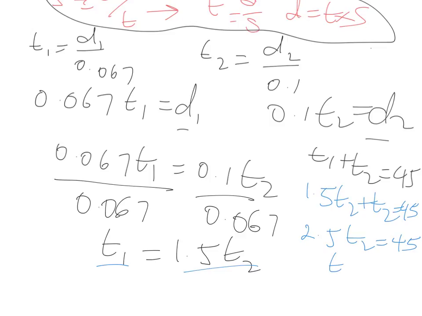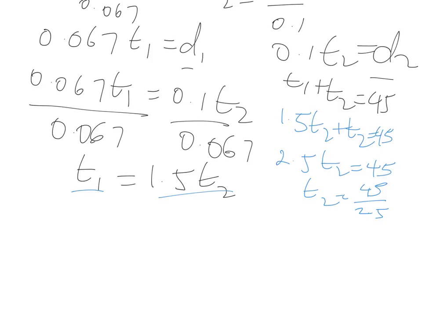So T2 equals 45 over 2.5, which means T2 equals 18 minutes.